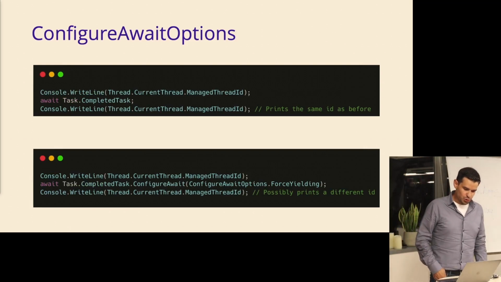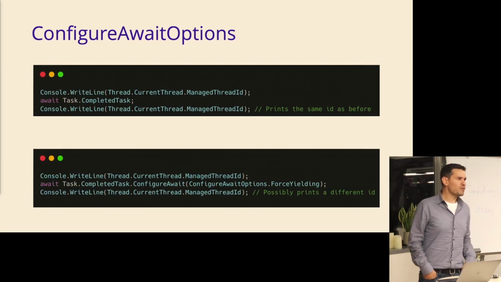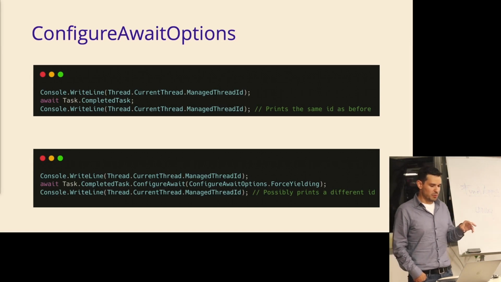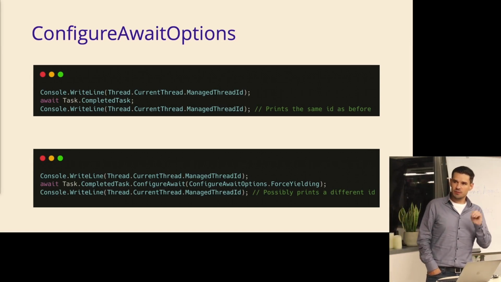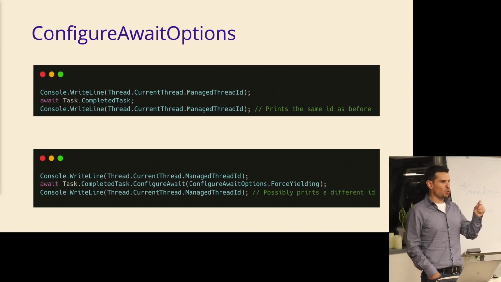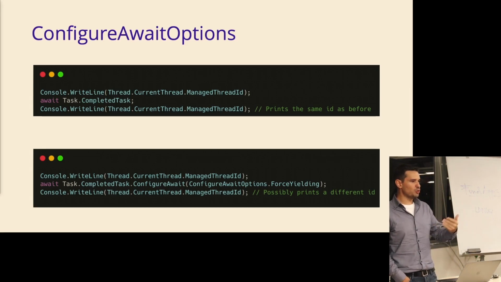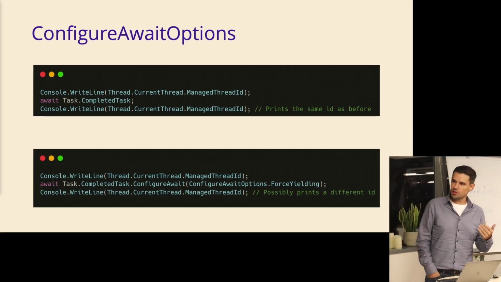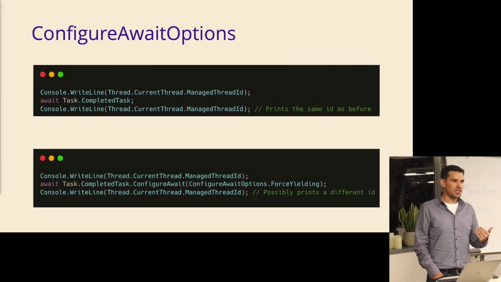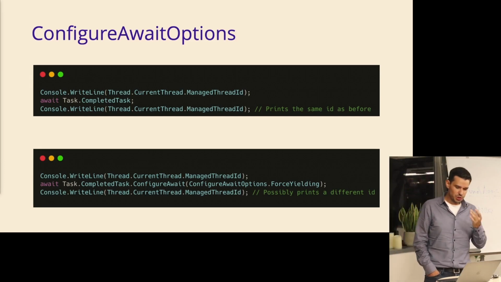Going through the final option, I think this might be a bit esoteric, but if you've ever dug into async state machine implementations, you might know that if a state machine is awaiting a task that has already completed, the state machine will just fetch the value and continue executing on the same thread. Generally speaking, that's a great optimization. You don't want to schedule your continuation in the thread pool every time you are working on a task.